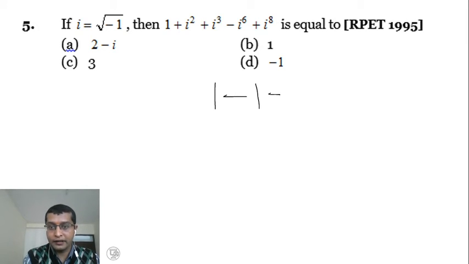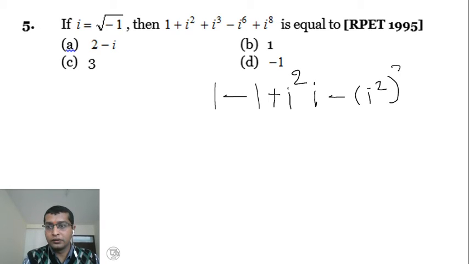If you are having difficulty in writing, I will split like this: i square into i. Minus i raised to 6 is i square raised to 3, and i raised to 8 you can write as i square raised to 4, like this.